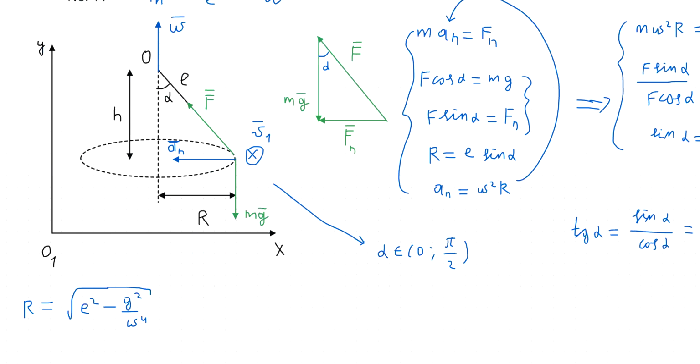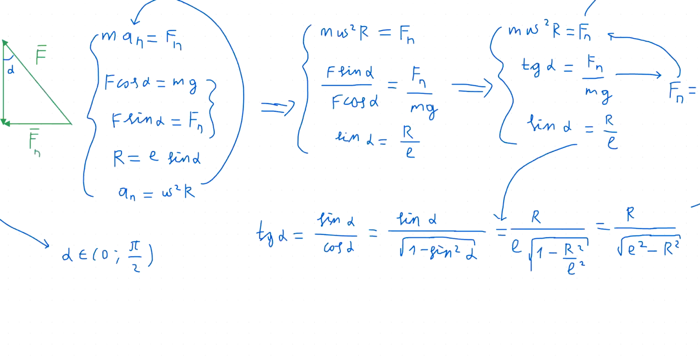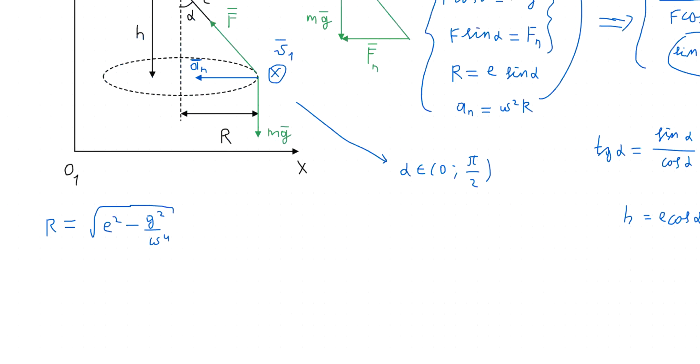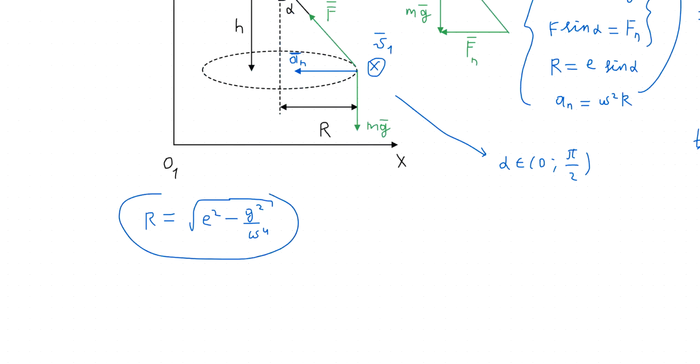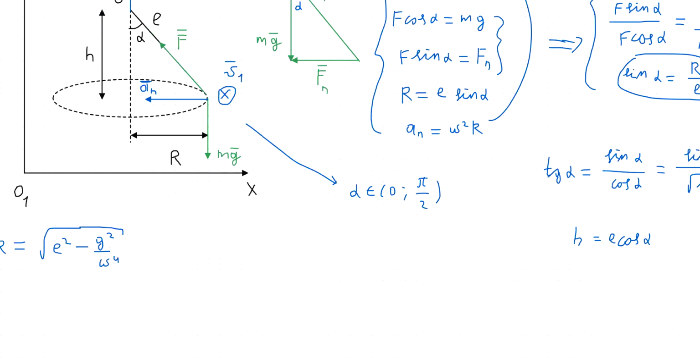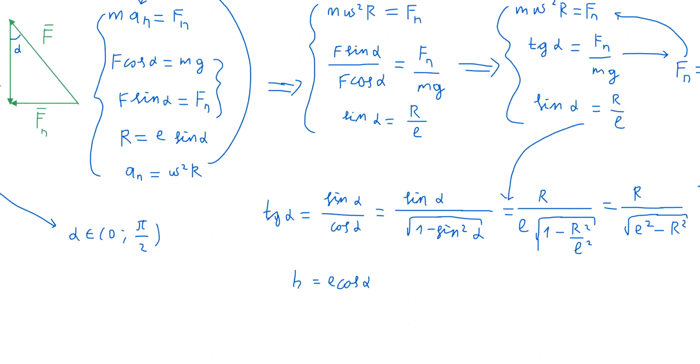Yes, we can do this, but if we use h equal to L cosine alpha, we will have to define cosine alpha from R. It will be a square root. You are right, it may be done, but it is a long way. It is possible to do it simpler.